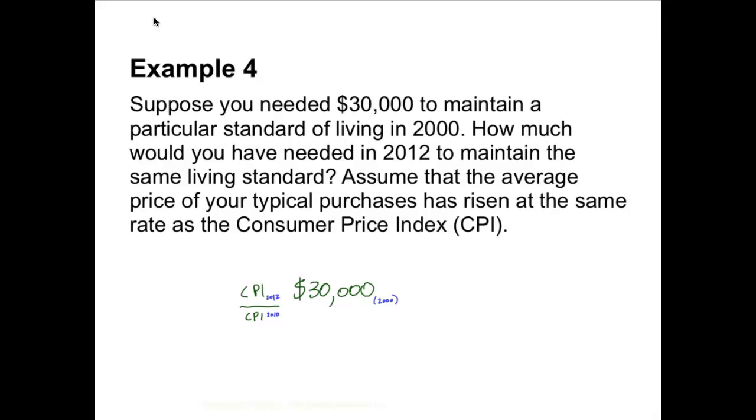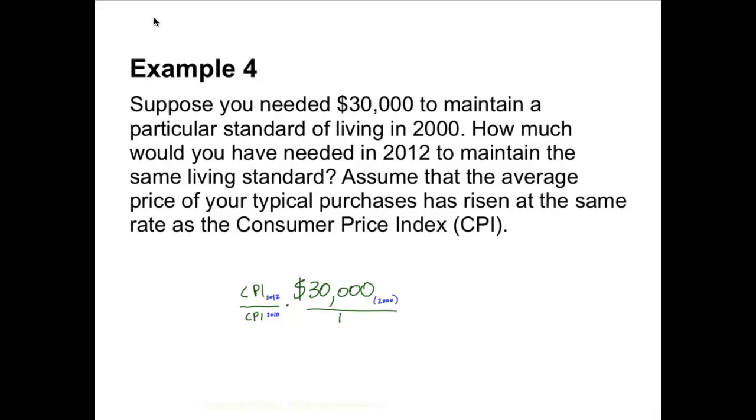And consumer price indices don't have any actual units. So when I multiply this by the 30,000, my real units will still be dollars. But I want you to think of these years as another kind of unit. So I'll put this over 1.